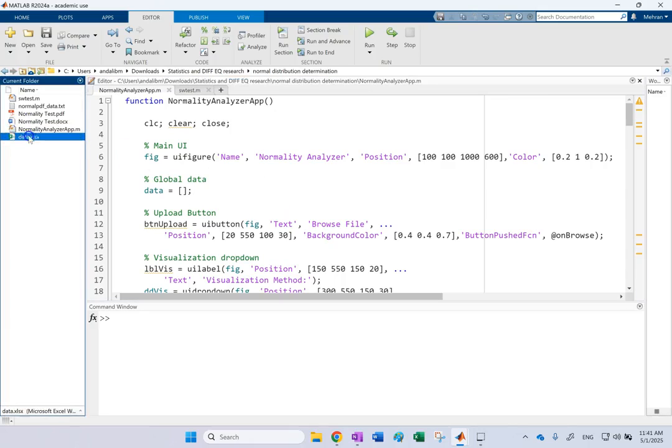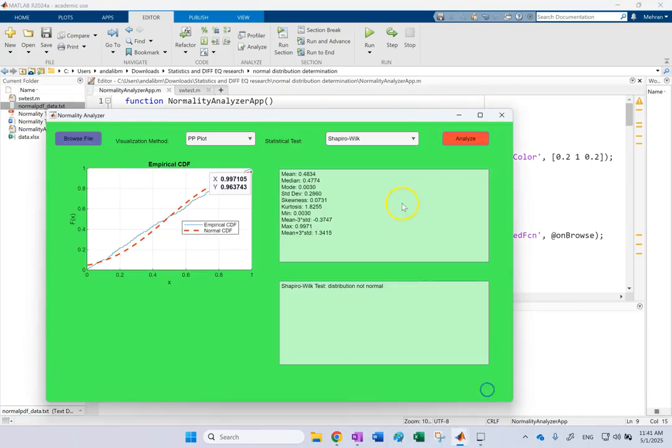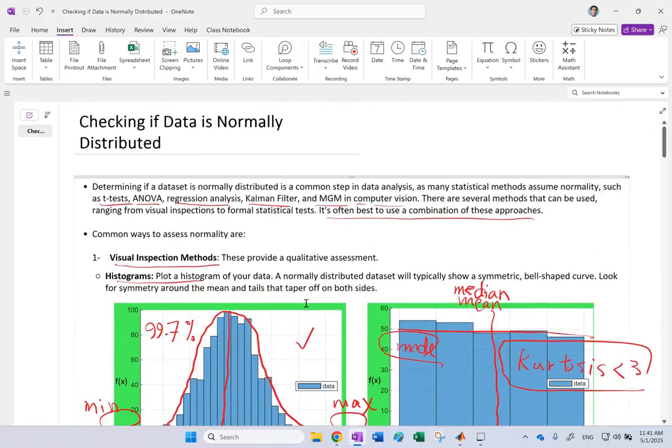Feel free to generate your own Excel file or text file and use this application and check whether your data is normal or not before you use it for any application, any algorithm, anything that assumes the data is normal. Make sure first it is, then use it. Okay, otherwise you have to use other methods that do not have that assumption.